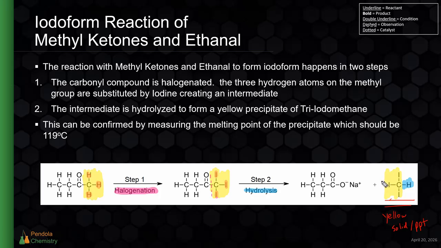So this is going to happen with the methyl ketones or with the methyl aldehyde, which again, the only one is ethanol. This process also creates a carboxylate ion. Why carboxylate and not carboxylic acid?